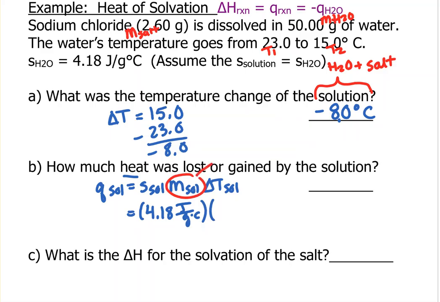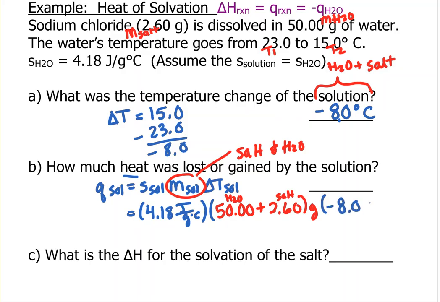The mass of the solution is going to be the salt and the water. So I'm going to plug in the 50, did those in a different order, and the 2.60 grams. This is the water and the salt. Again, I'm going to keep a lot of digits here at first.